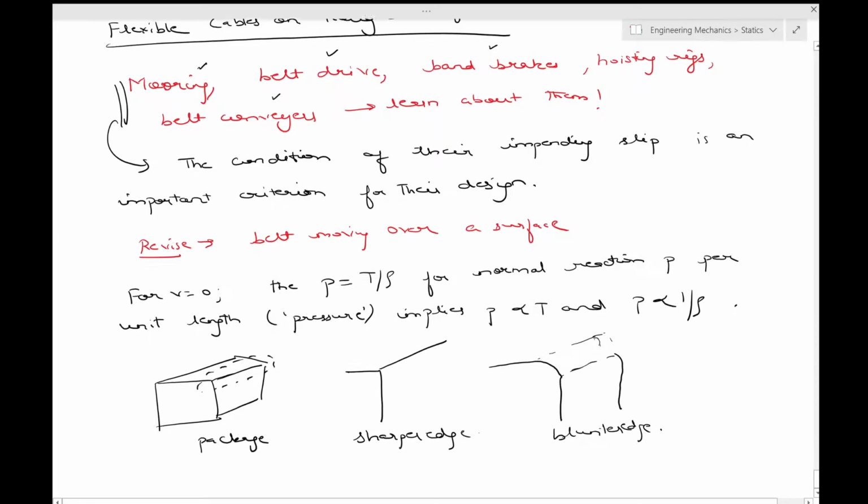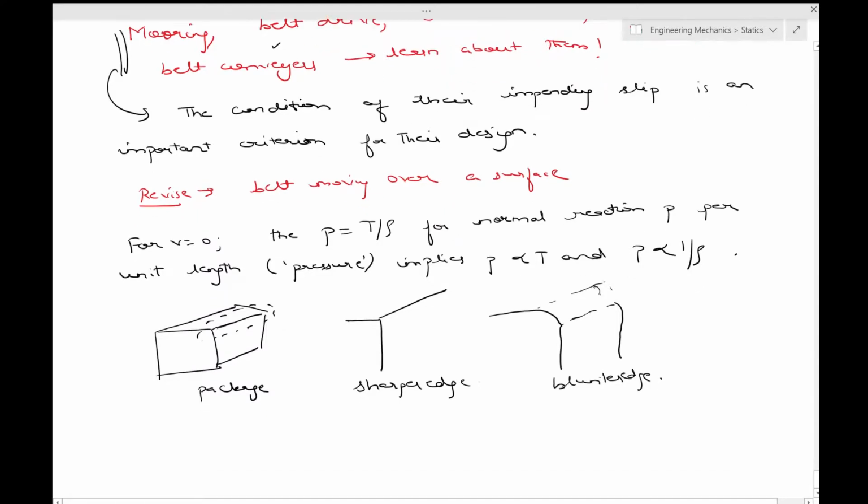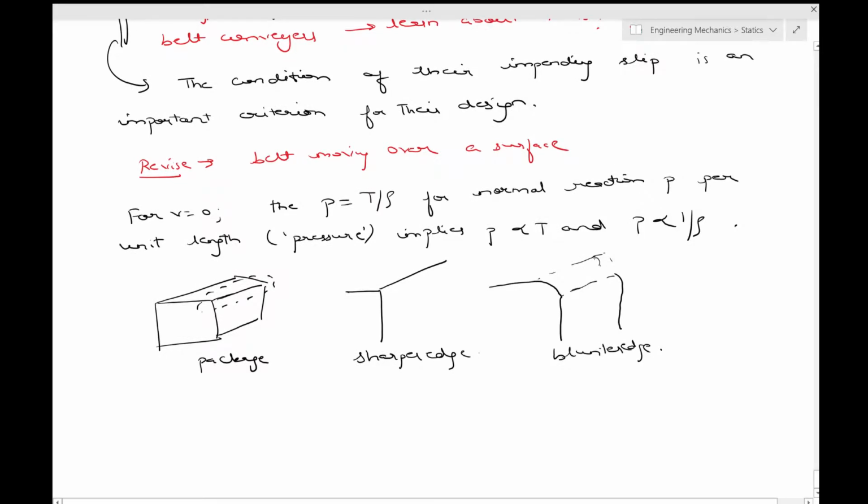You can always make this angle theta or the curvature, whichever way you want to see the sharpness or the bluntness. So you know that if you have a parcel, package, box, whatever you want to call it, tied by a string around it. Okay, so this is the string.